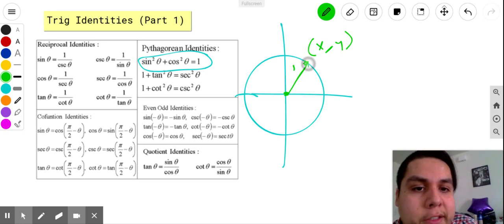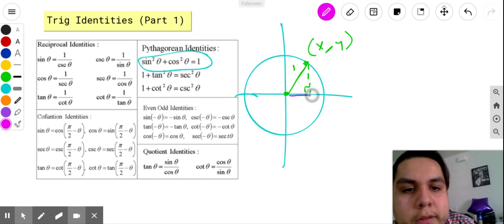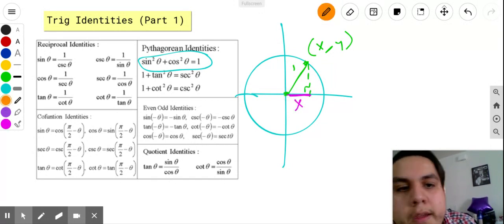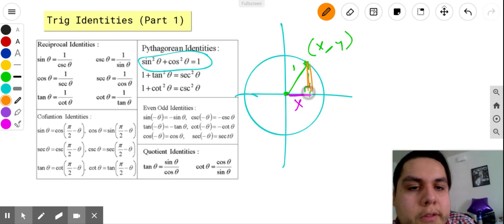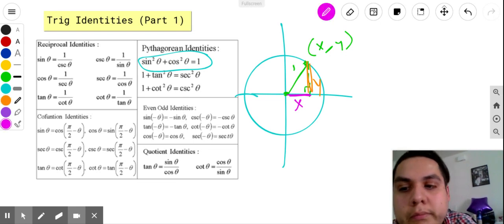And if I think about this as a triangle, I know that this part down here represents the x value, and this part over here represents the y value. So I could take this and say that x squared, actually, you know what?